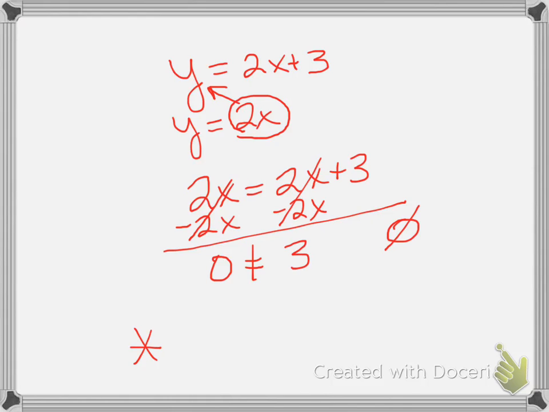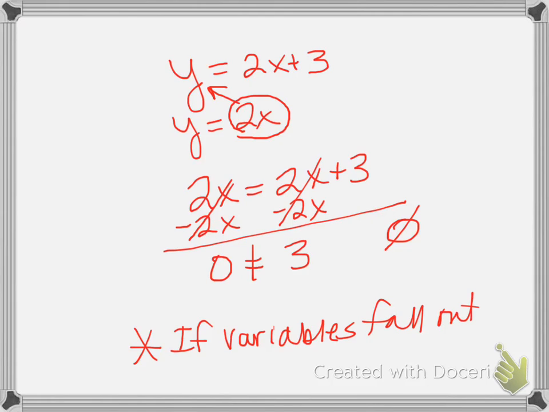If the variables fall out and the numbers are equal, so let's say it said 3 equals 3, that's the one where you say IMS. Who can tell me what IMS stands for? We talked about it the other day when we were graphing.